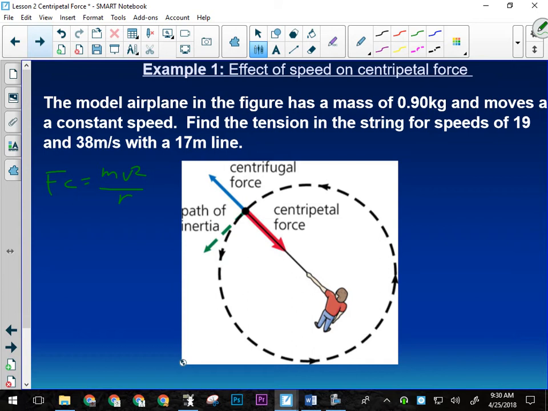Similarly, the relationship between radius and centripetal force says that if I make radius bigger, the centripetal force will go down because I'll be dividing by a bigger number. Everybody okay with that? Now, if I make both the speed and the radius bigger, will this force get bigger or smaller?